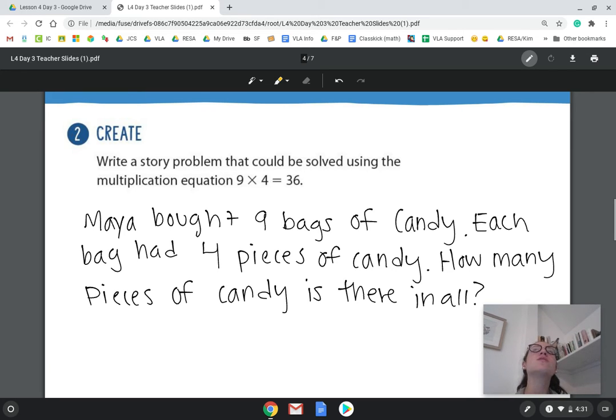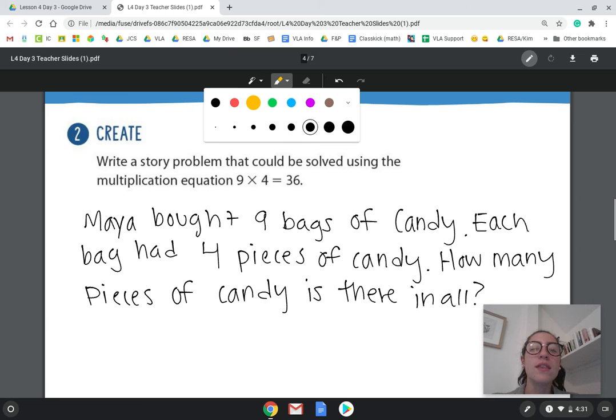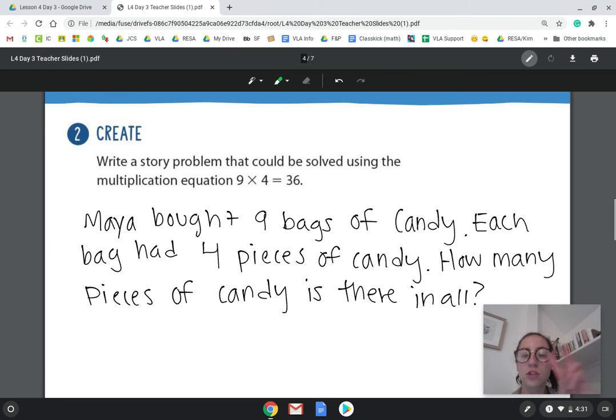Now, friends, what's really important is no matter what story you made, what I want you to circle in your story are these 2 important things. I need to make sure that you described that there were 9 groups of 4. All right, so you need to make sure that you have 9 groups and then 4 in each group.